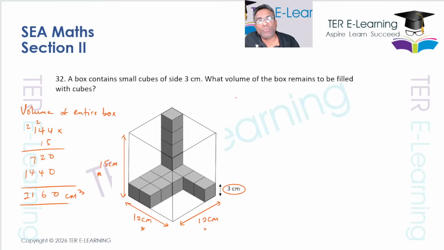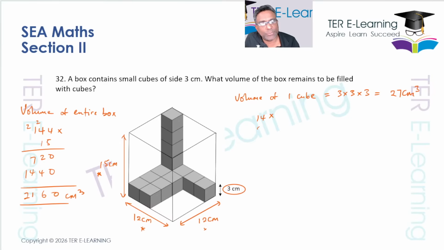Now the volume of one cube is going to be 3 multiplied by 3 multiplied by 3. So 3 3s are 9, 3 9s are 27 cm cubed. That's the volume of one of the cubes. Now I need to check how many cubes I have in total. So that's 2, 4, 6, 8, 9, 10, 11, 12, 13, 14. I have a total of 14 cubes here.